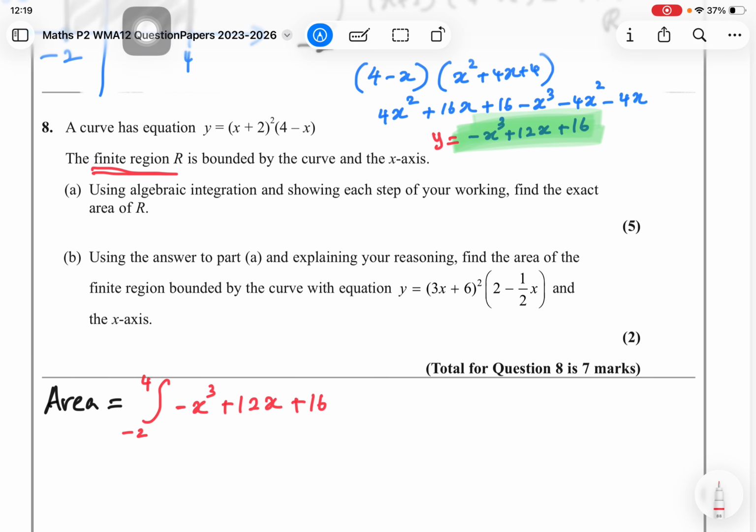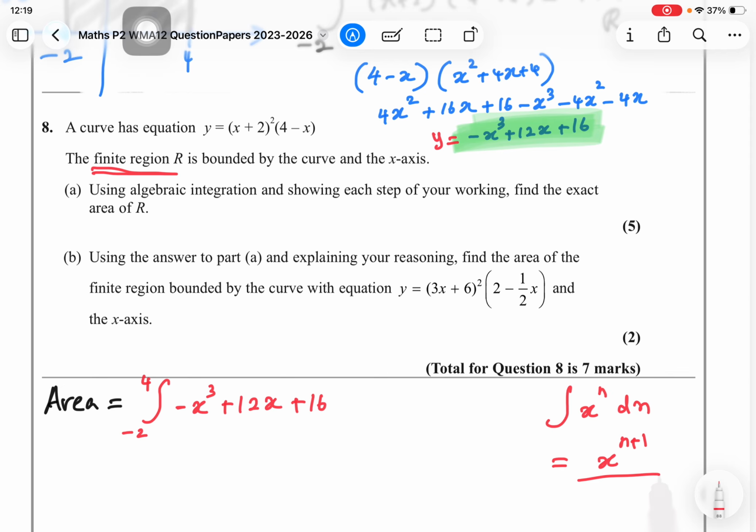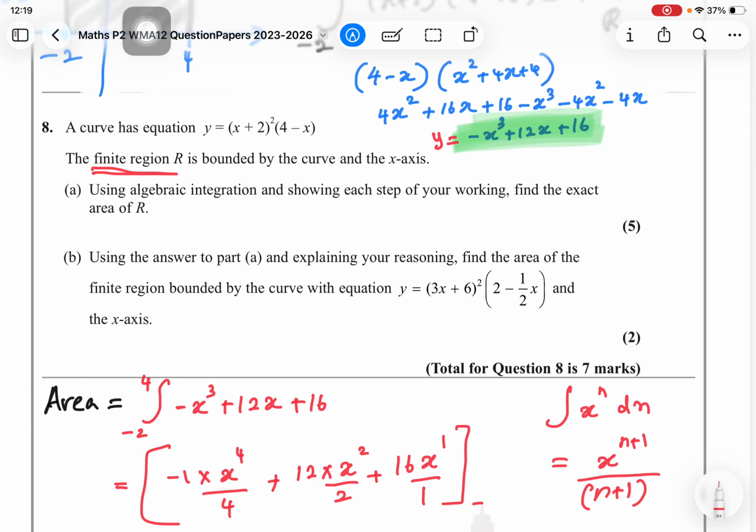Okay, so when you have that, always when you integrate xⁿ dx, the answer is xⁿ⁺¹ divided by n + 1. According to that, this will be −1 times x⁴/4 plus 12 times x²/2 plus 16 times x¹/1, over the range −2 to 4.